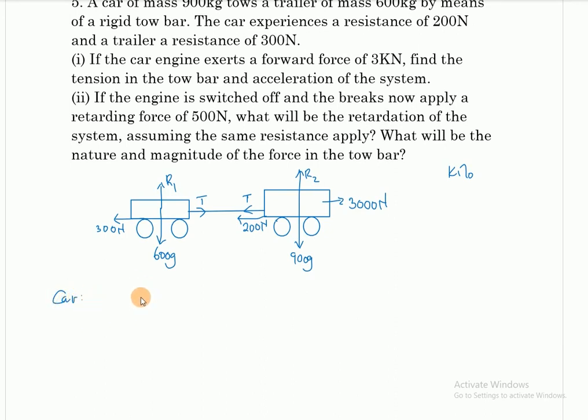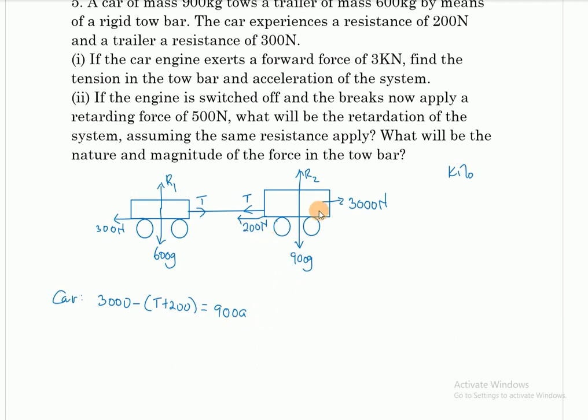For motion of the car, we have the tractive pull 3000 acting forward. Subtract the forces in the opposite direction. So we subtract the sum of T and 200. That should give us ma. Which mass are we considering? The 900 kilograms. So this will give us 900a.